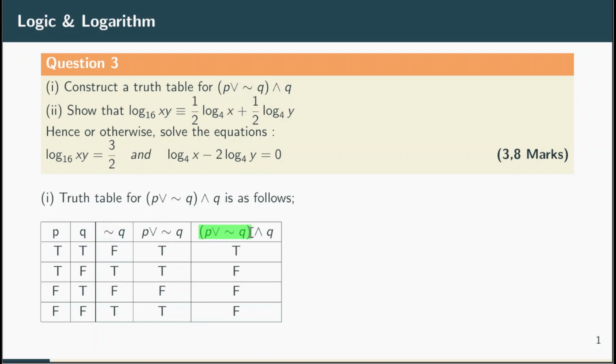I am looking at P or not Q, and I'm looking at Q. So I'm looking at these two columns here, and the statement is true only when both arms are true. Here is true and here is true, that's why we have a true. And then we are going to have false in all the other cases because I have at least a false in that row. So I hope you have understood this particular question.